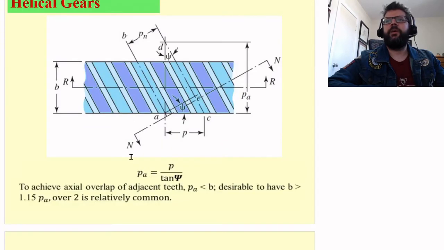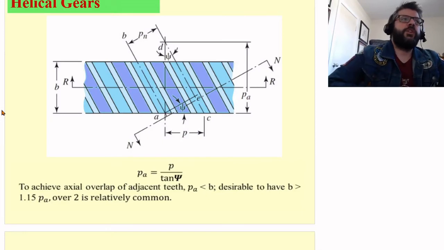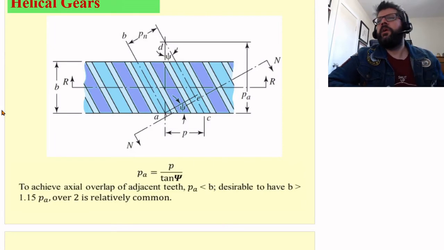So also, the point is to have progressive meshing of the teeth as they come into contact. What you want is a certain amount of overlap between the teeth in question.